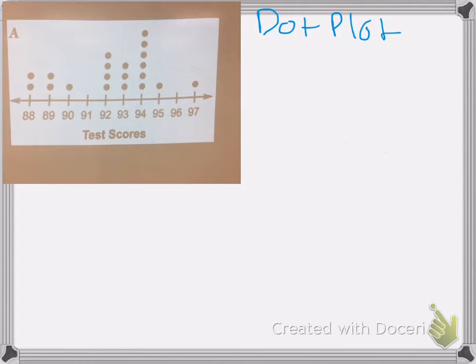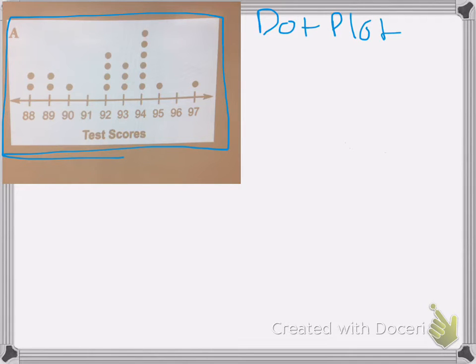What I need you to do is put this dot plot in your notes. Just make a line, put your numbers on it, put little dots, or you can do X's if you prefer. So you've got a dot plot.